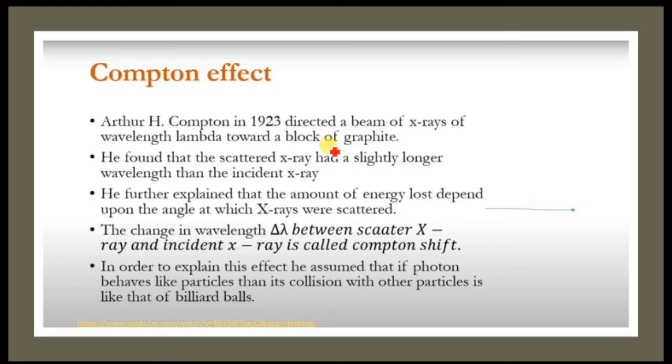Now, in order to explain this Compton Effect and Compton Shift, classical mechanics initially tried to explain it. But let's see whether it was successful.